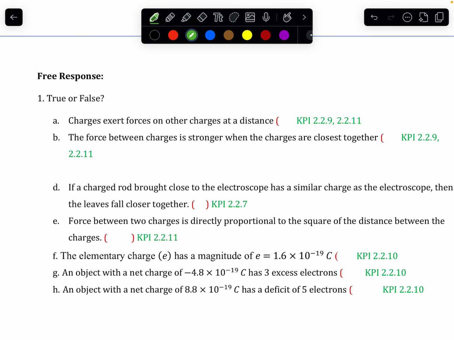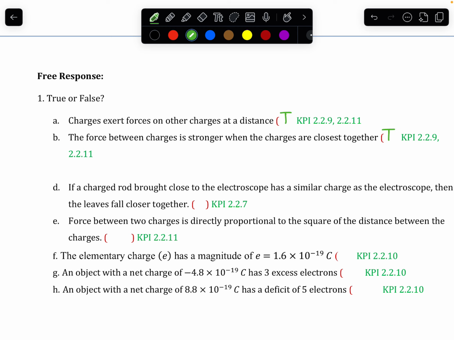True or false: the charges exert force on other charges at a distance, which is totally true. The force between charges is stronger when the charges are closest together. That's 100% true.